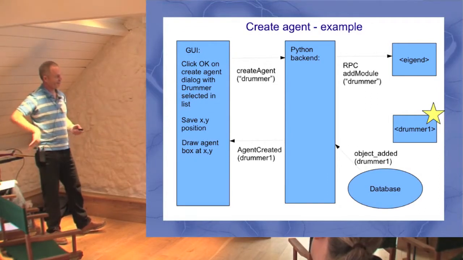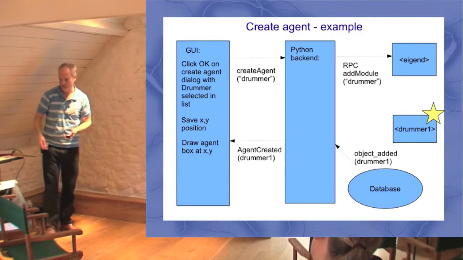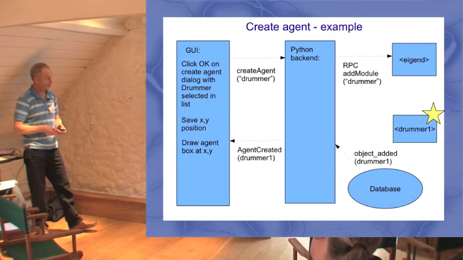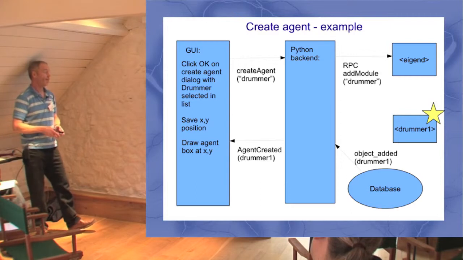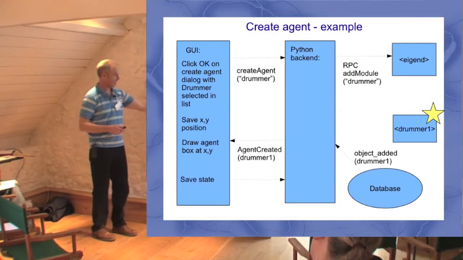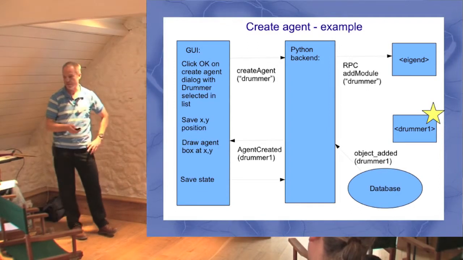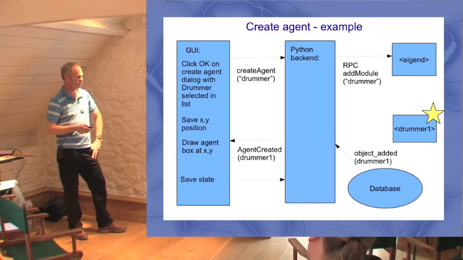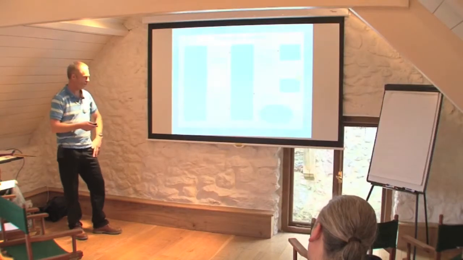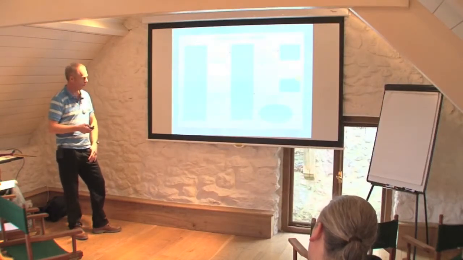So that's the kind of thing that's going on all the time with Workbench. Oh, and then of course we save the state again. We save the Workbench state so it knows that the drummer agent has an XY position given by that.